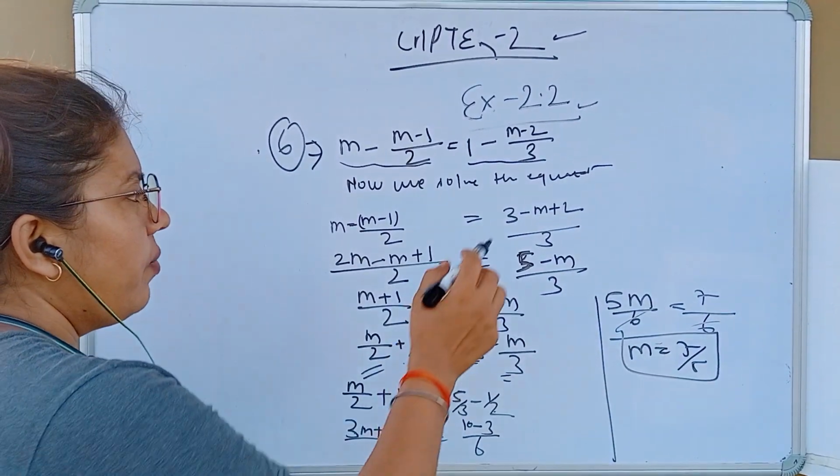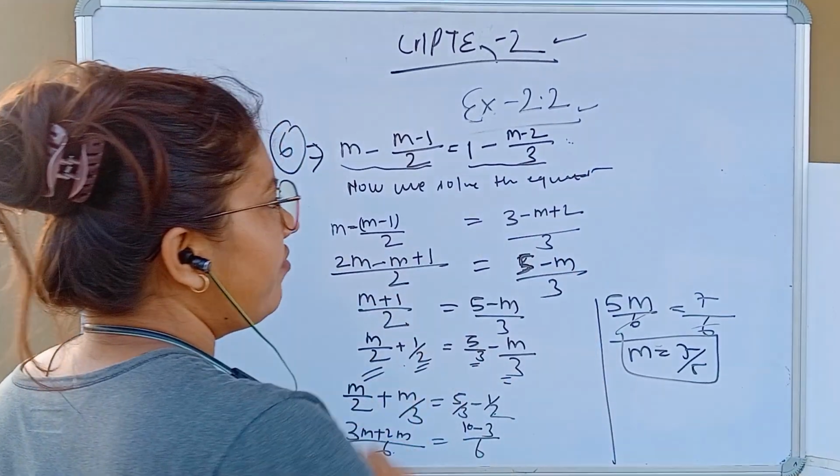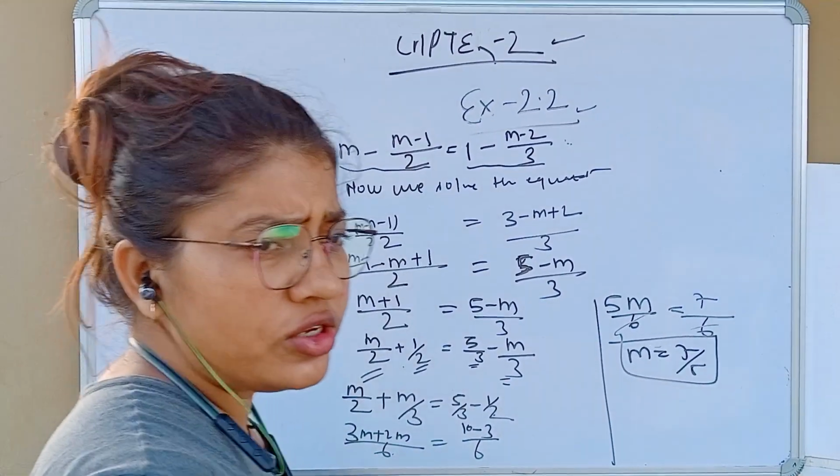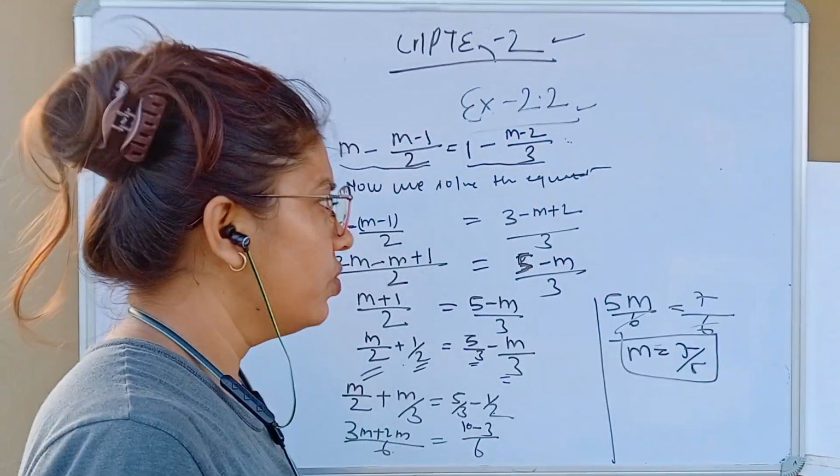Now we check by putting m is equal to 7 by 5. If LHS is equal to RHS, that means the value is true.